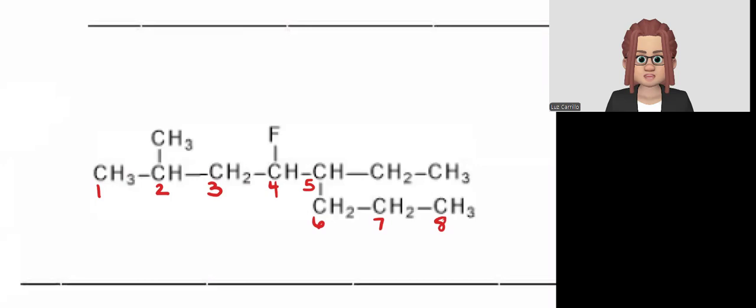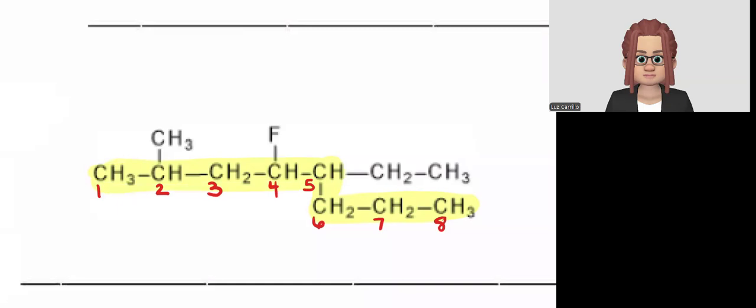The reason why I selected that as my longest carbon chain, not only because it is, but if you would have gone straight, then this is carbon 5, this is 6, this is 7. That is not the longest continuous chain of carbons in this molecule. Let me proceed to highlight it. So this is my parent chain.